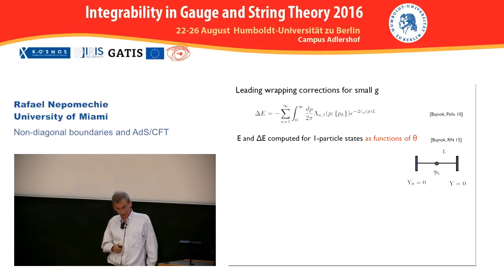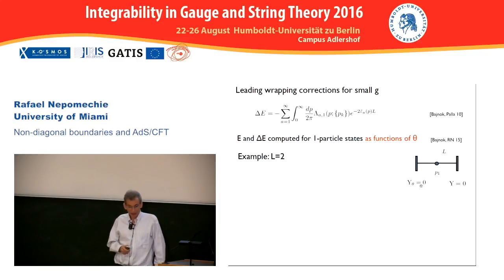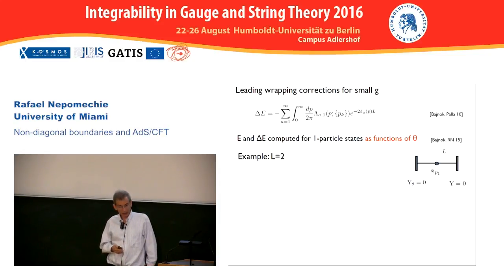So the picture is here. We have just one particle, P1. We have these 2 boundaries. So for example, in the case of length 2, then this P1 as a function of theta can have these values. Okay, so there are different states, so different momenta.